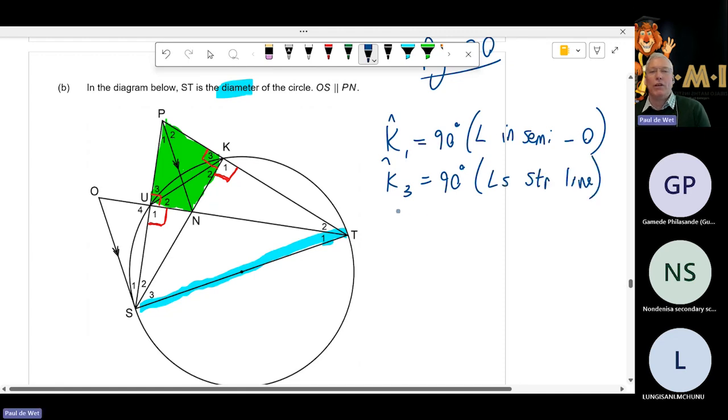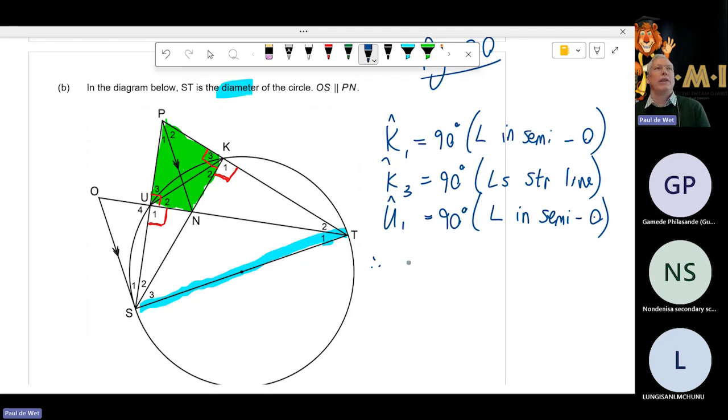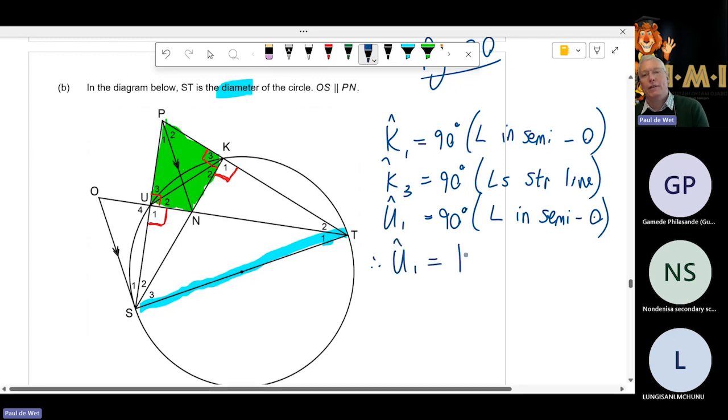Then we can also say U1 is 90 degrees, angle in semicircle. And then we can say, therefore, what we've shown, and I'm not doing it exactly the way you did it, I'm saying, therefore, U1 equals K3, and we don't need a reason for that. And if U1 equals K3, therefore, PUNK is a cyclic quadrilateral.